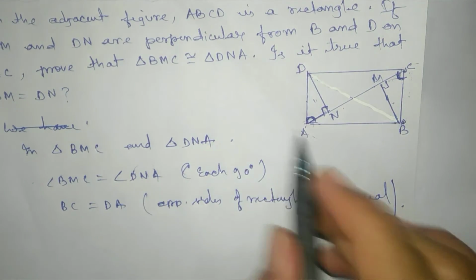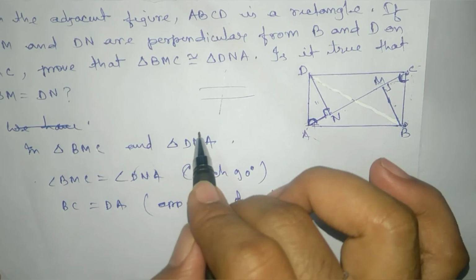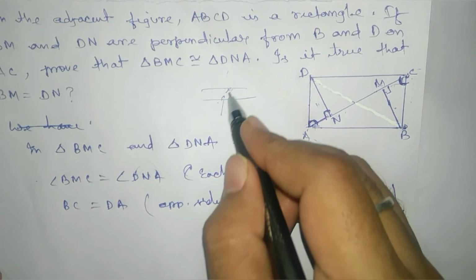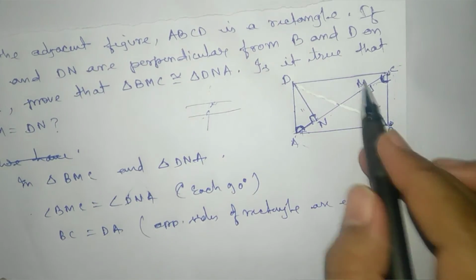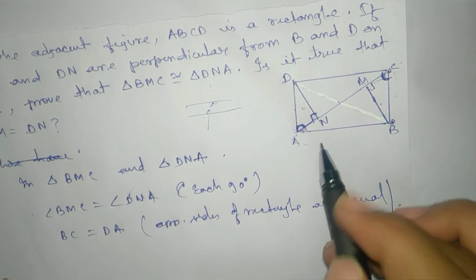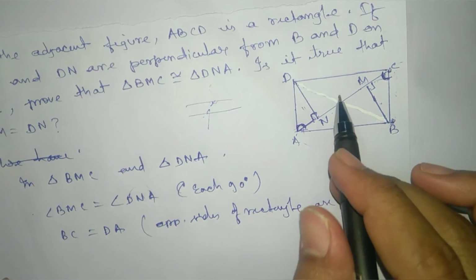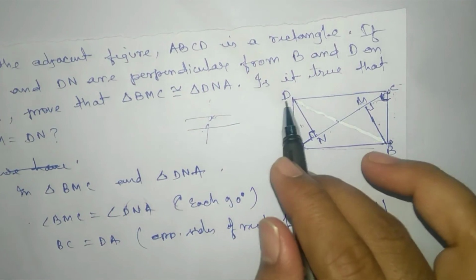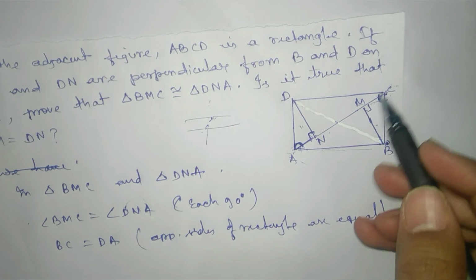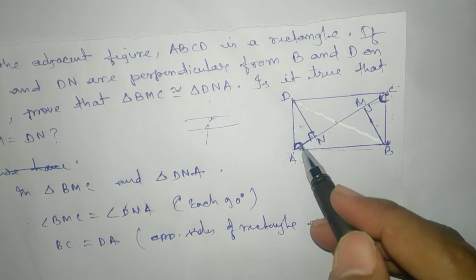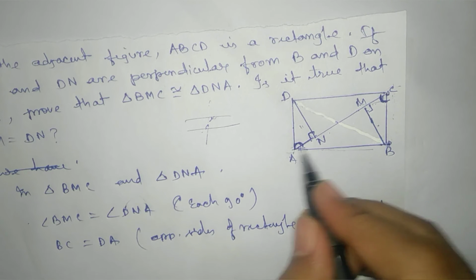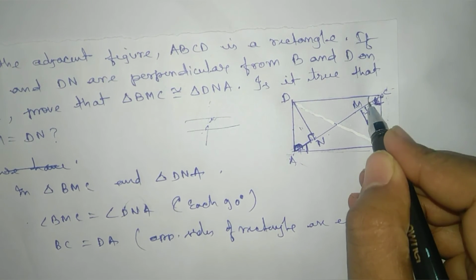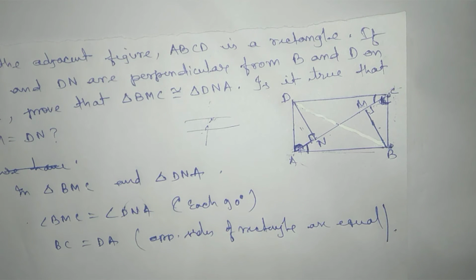If we take parallel lines and their transversal, you can see this part and this part are alternate interior angles. As we know that a rectangle is a parallelogram and opposite sides of a parallelogram are parallel, that means AB and CD are parallel lines, and AC is the transversal, that means this angle and this angle. Sorry, there's a mistake, but you can take it, no problem.